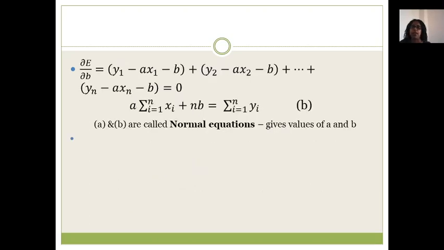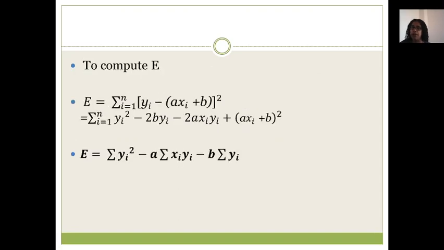And these equations A and B are called normal equations. Very important. We need these normal equations in problems to find the best fit and to do curve fitting using the least squares method.